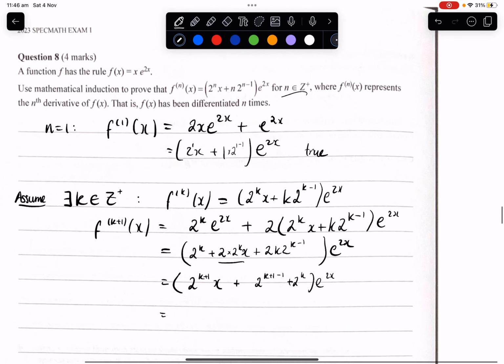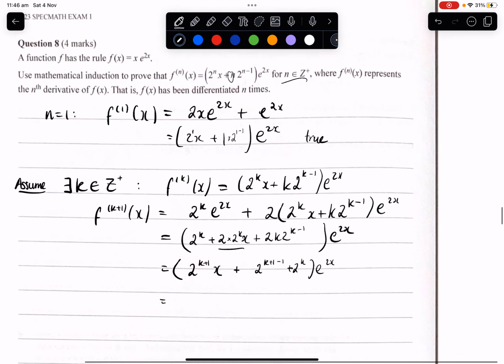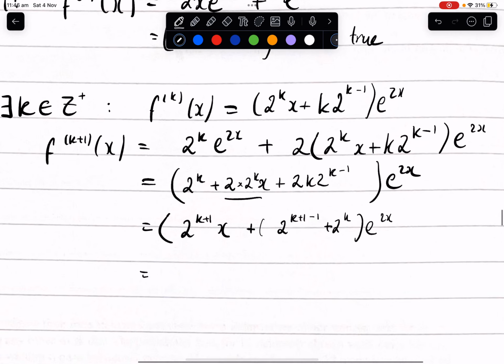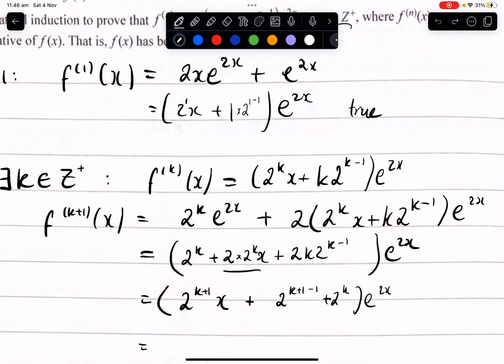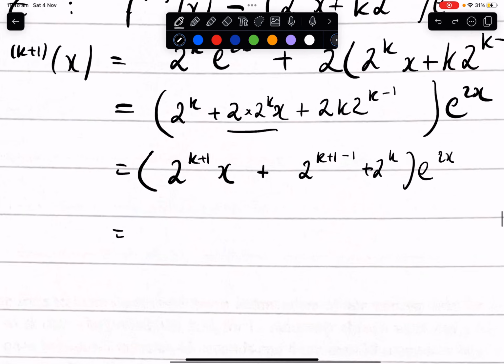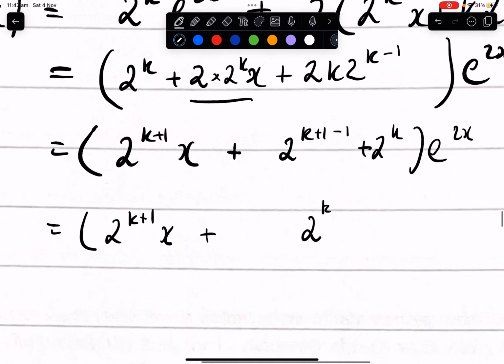I just need to end up with a k plus 1 here, with that power. So I'm thinking to take 2 to the k plus 1 x plus, and I guess you would take 2 to the k as a common factor.